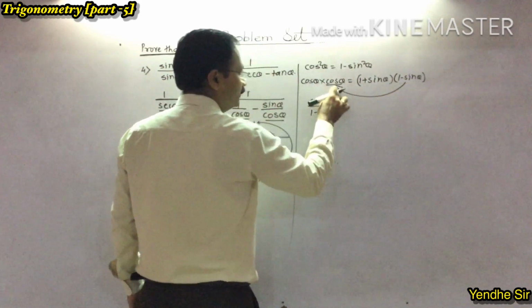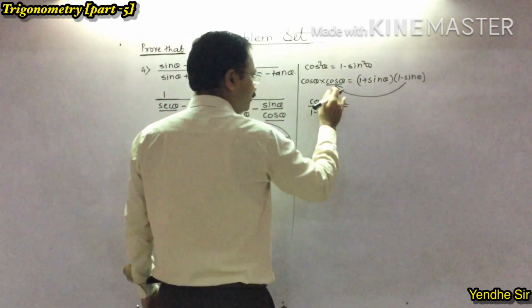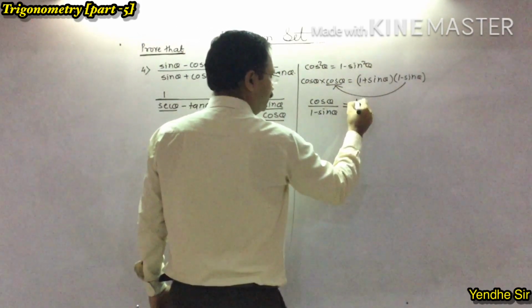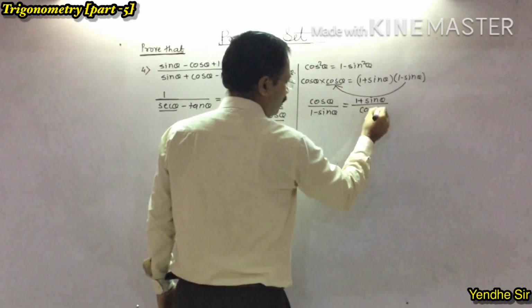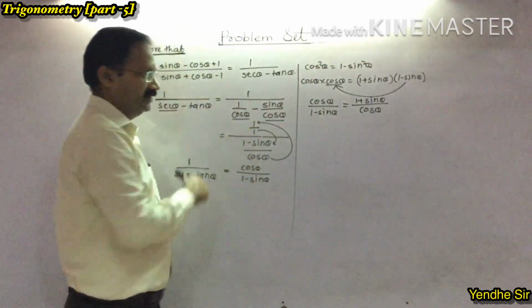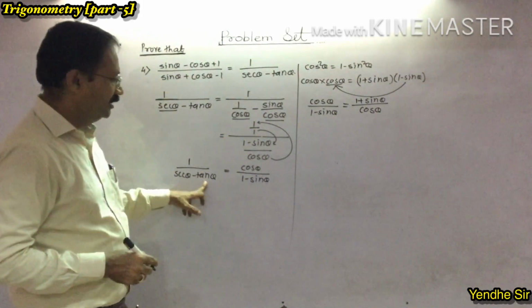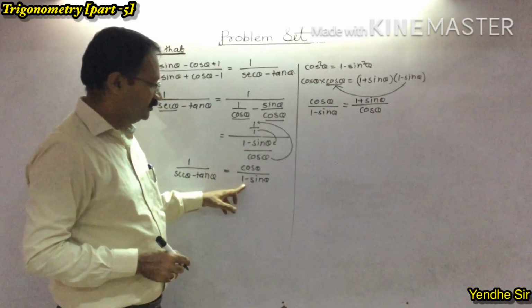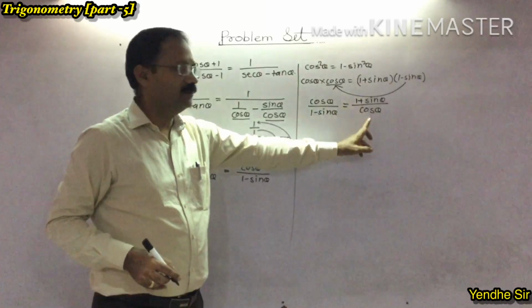It will come on this side because I need this equals to. If it comes on this side, it goes on that side. So 1 plus sin theta upon cos theta. So 1 upon sec theta minus tan theta is equal to cos theta upon 1 minus sin theta, and cos theta upon 1 minus sin theta equals 1 plus sin theta upon cos theta.